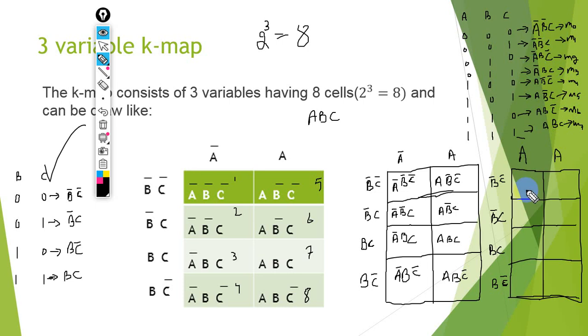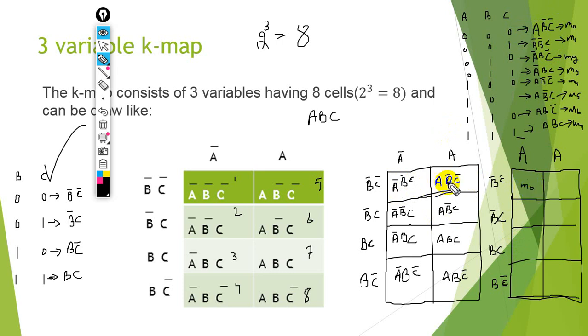Okay, so here the first cell is A bar B bar C bar, so we can write M0 right here.